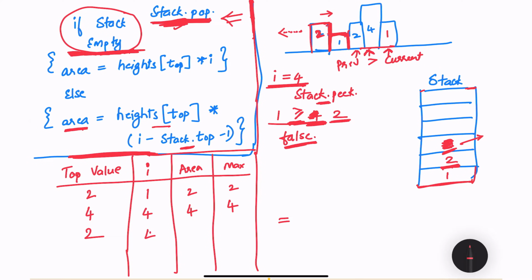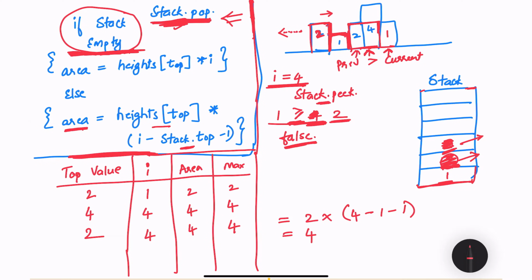My I is still 4. So my area will be 2 into I, which is 4, minus stack dot top. So now after popping out 2, my stack dot top is 1. This will give me 4 and it is equal to the maximum area, so no changes there. And if you look at the histogram, we are now covering this case where we have the height as 2 and the width as 2.